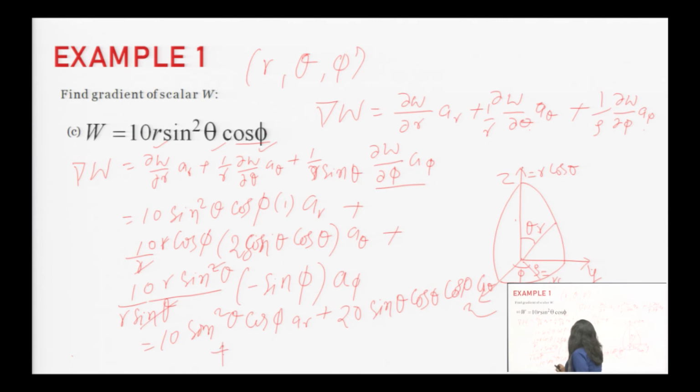This plus will be replaced by minus, because here is the minus, 10, r will also cancel out, 10 sin theta sin phi, and the unit vector a phi will appear here. So this is the answer for this question.